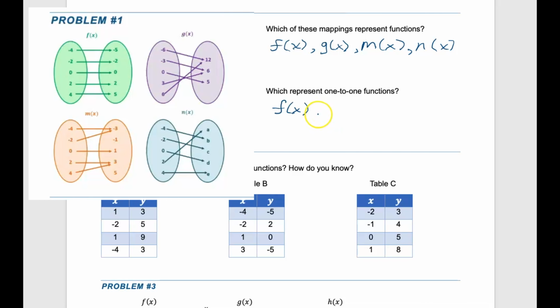So that is not a one-to-one function. On m of x, again, we can see some of our outputs are being repeated, that -3 and that 3. So that means it's not a one-to-one function. And on this last one, there are no repeated inputs, no repeated outputs. So that means n of x is a one-to-one function.